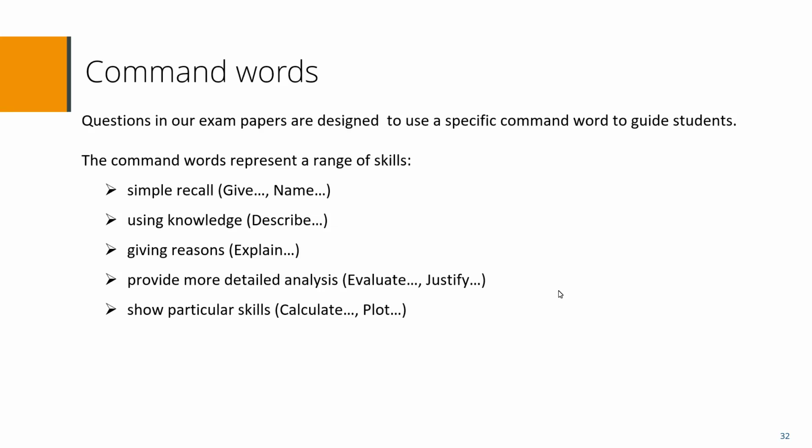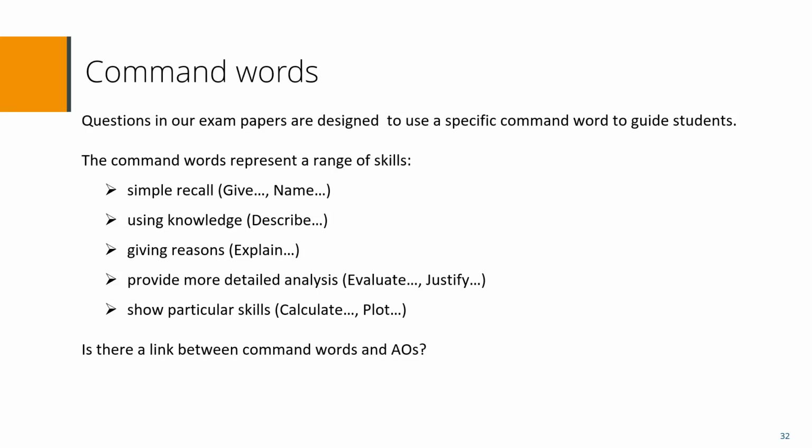Show particular skills like calculate or plot. Calculate, of course, could be in any of the six exam papers. Plot, of course, is going to crop up in AO3, so could be in Units 3 and 6 when they're asked to plot graphs. Is there a link between command words and AOs?